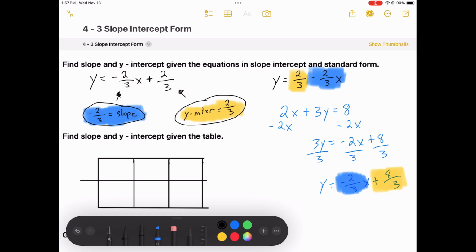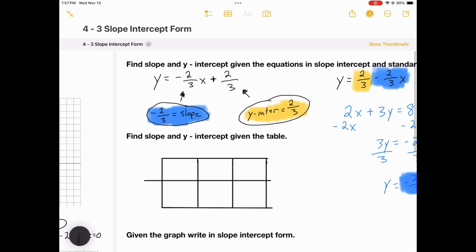Next is they're going to want you to find the slope and the y-intercept given a table. And for this, they'll give you a table that looks a little different. I know you're used to a vertical table that goes up and down. And in this assignment, for some reason, they give you a horizontal table, which is fine. We can still handle it. It's the same kind of table.